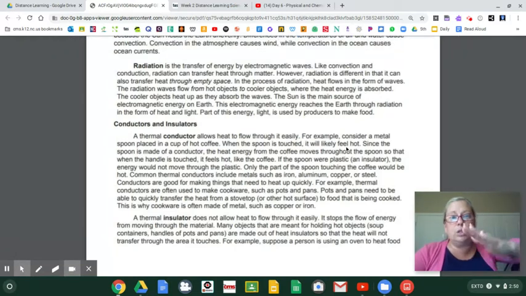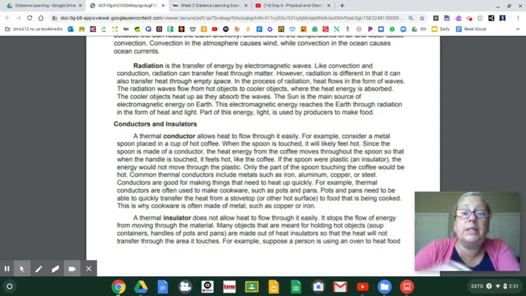The radiation waves flow from hot objects to cooler objects, where the heat energy is absorbed. The cooler objects heat up as they absorb the waves. The sun is the main source of electromagnetic energy on Earth. This electromagnetic energy reaches the Earth through radiation in the form of light and heat. Part of this energy, light, is used by producers to make food.